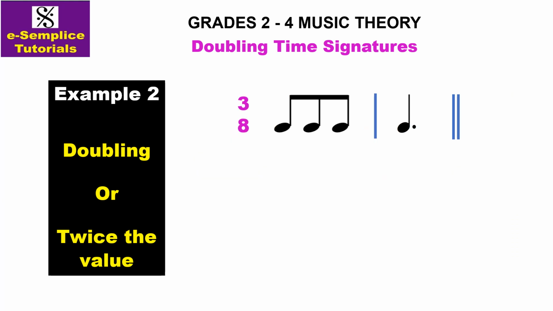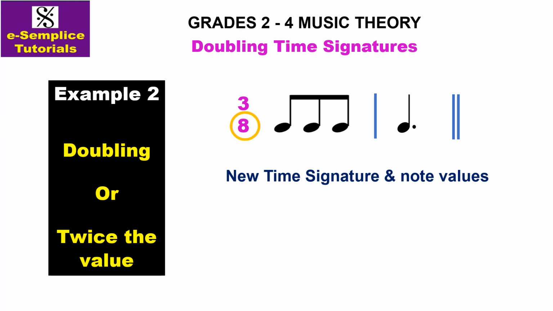Example 2, we are still in the doubling process. This is 3/8 time. Remember, the top number remains unchanged, so 3 remains 3 for the top number, but the bottom number here is 8, and from your table, 8 signifies a quaver.